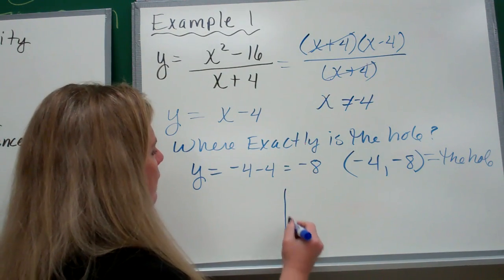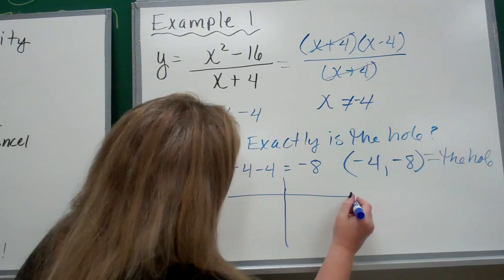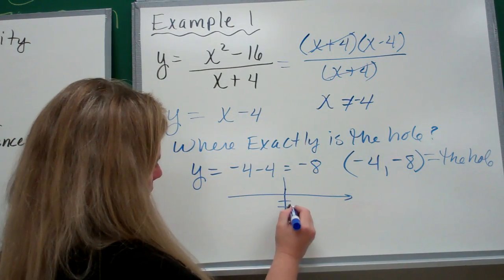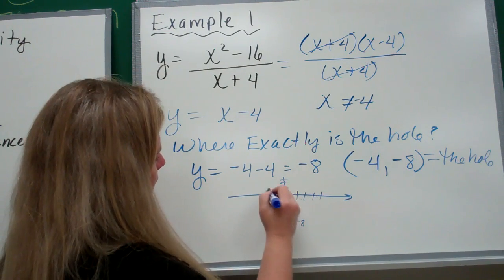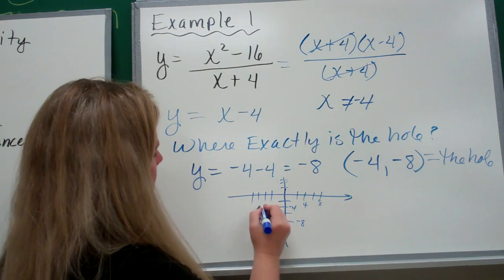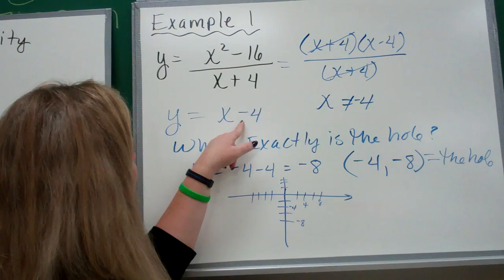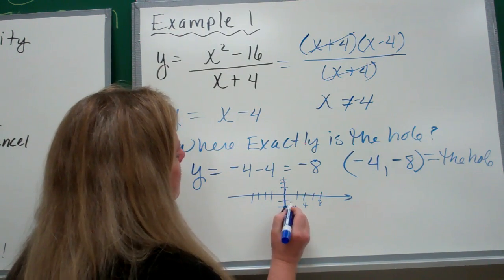So when we graph this line, x minus 4, negative 4 is my y-intercept.